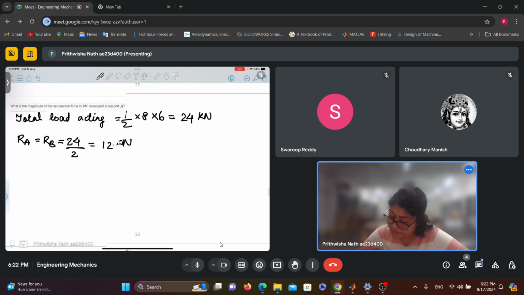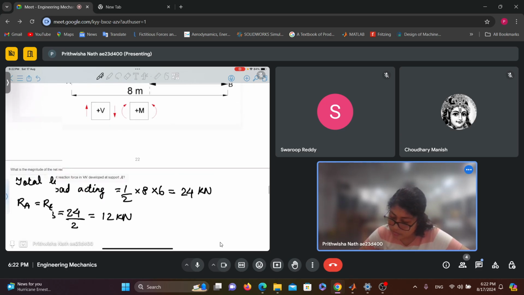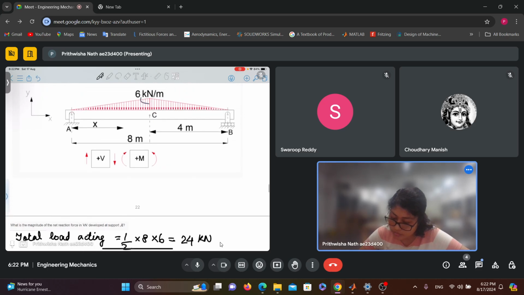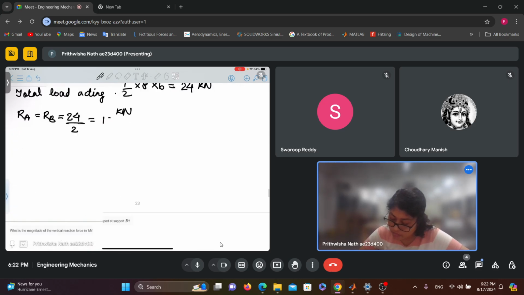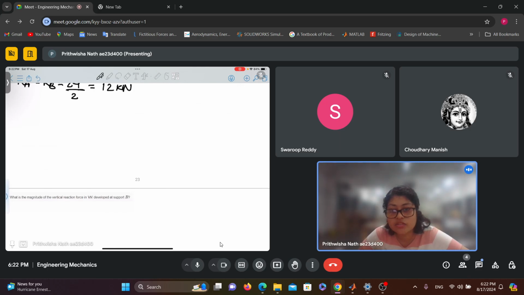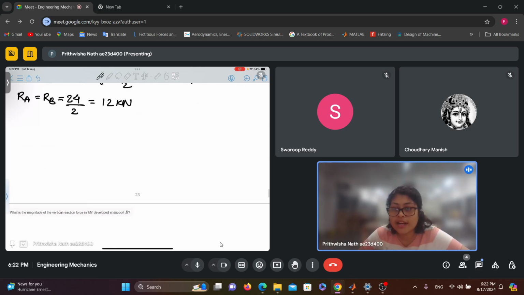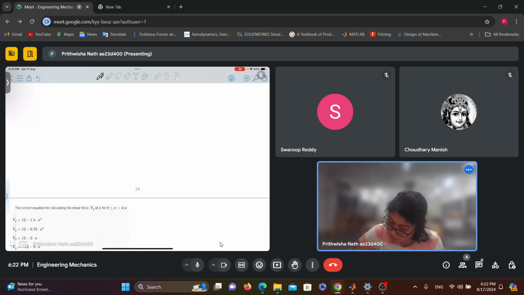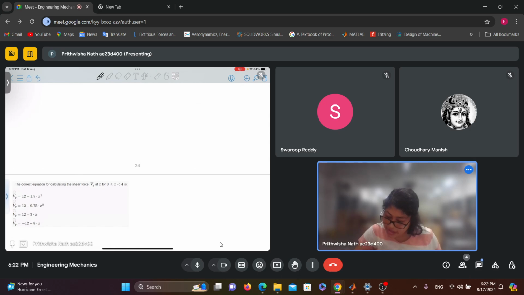Now the next part. What is the magnitude of the vertical reaction force at B? So we got that RA equals to RB. So RB equals to 12 kilonewton. Now, the correct equation for calculating the shear force at x from 0 to 4.